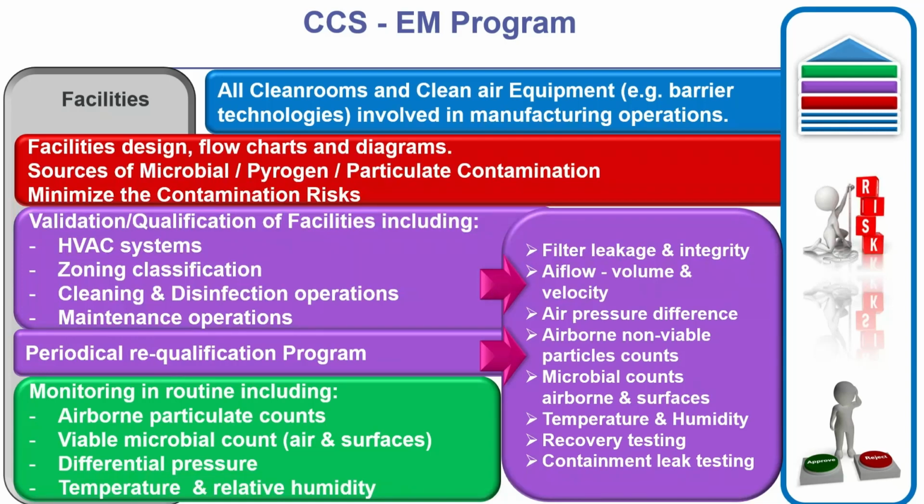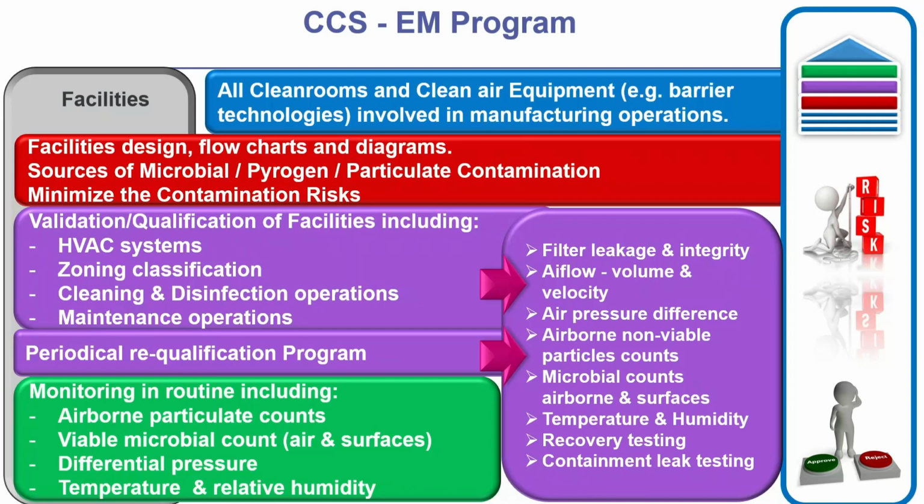After that we have the qualification control, with the validation and qualification of facilities that should include HVAC systems, zoning classification, cleaning and disinfection operations, and maintenance operations, and also periodically a requalification program.